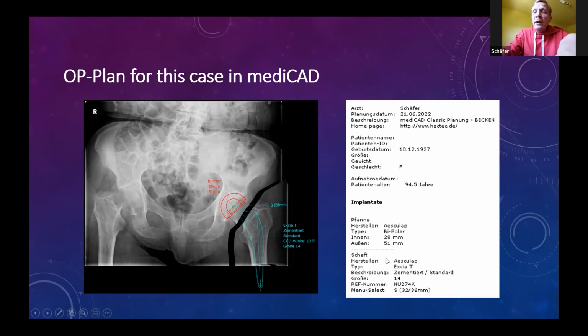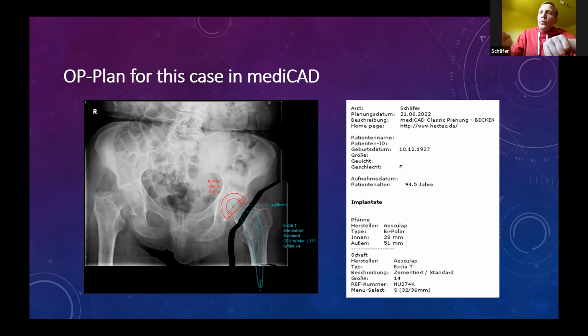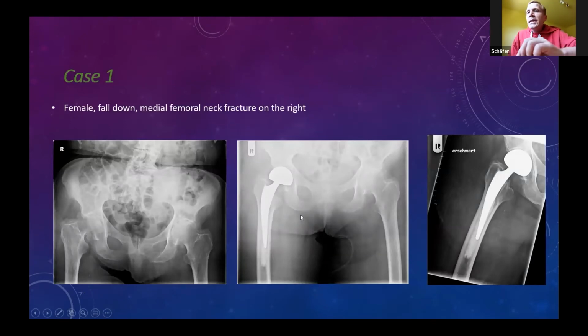I don't have to have a big PC. All that I need is this paper with the data, with the information, and I go into the operation theater, and you can compare the results, the implant in the plan, but also in the X-ray from the slide before, and you will see that it is the same size.